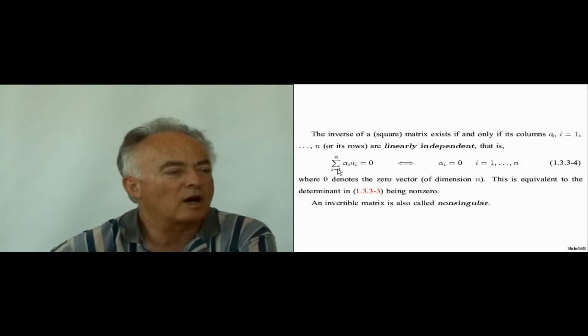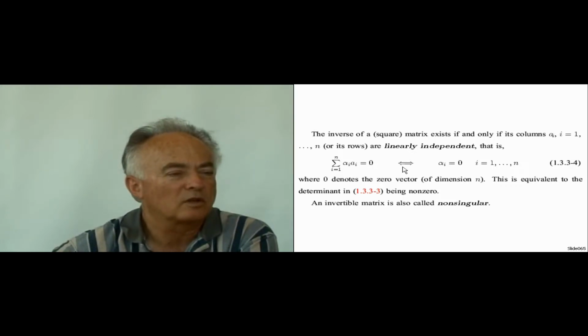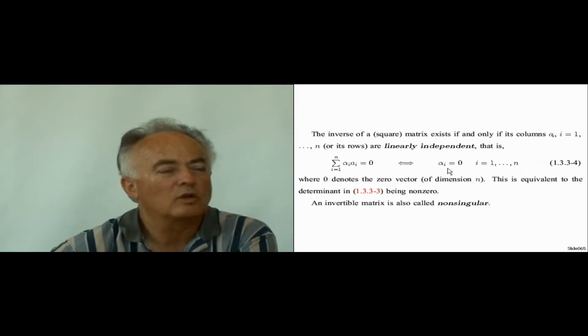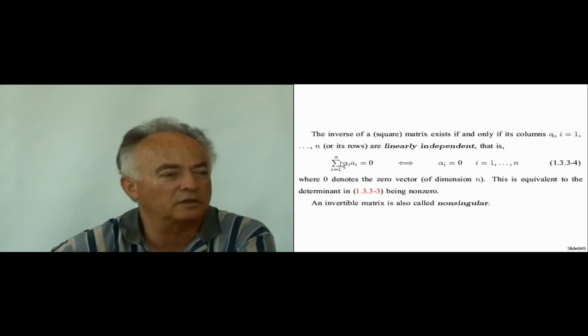Which means if I want a linear combination of these vectors a_i with some coefficients alpha_i to be equal to the zero vector, this can happen if and only if all the alpha_i's are 0, which means there is no linear combination with non-trivial coefficients that can be made 0.